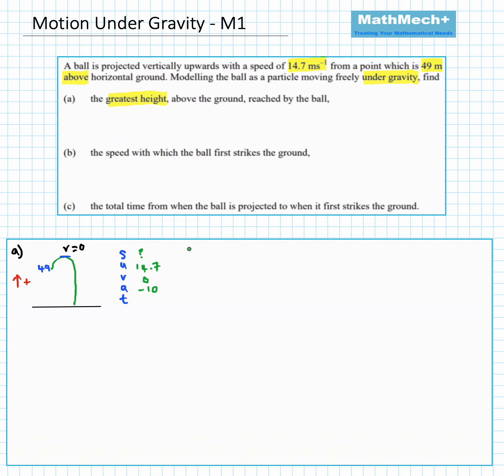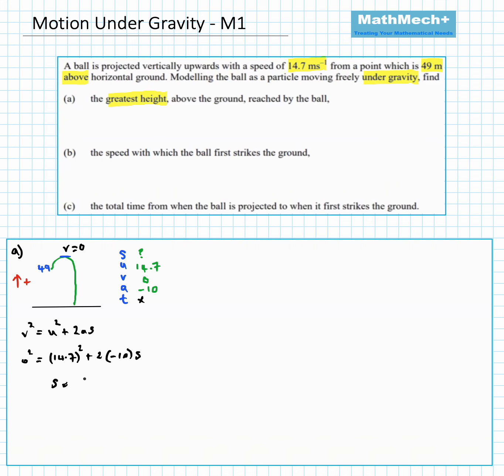We don't have to think about any time, so that should give you an indication of which of the formula we're going to use. And so which one does not have the letter t in it. So v squared equals u squared plus 2as. Plug in your values and you'll find the value of s. That'll be our first part more or less completed.